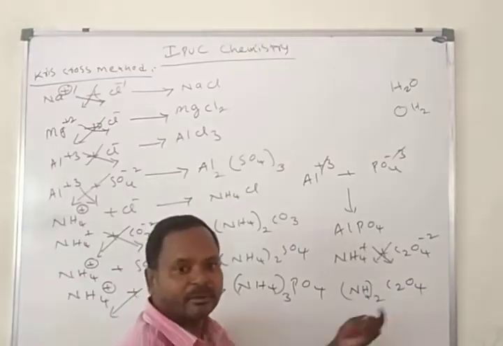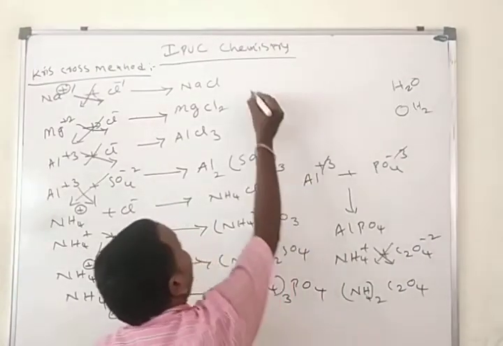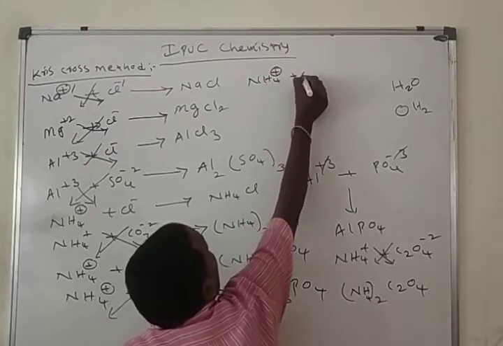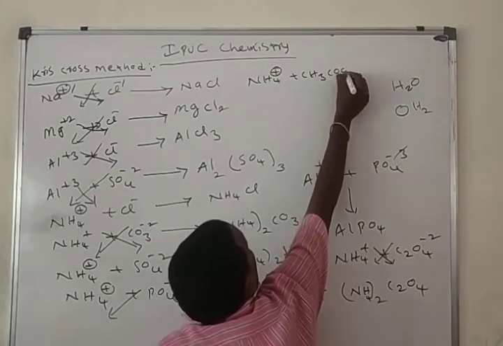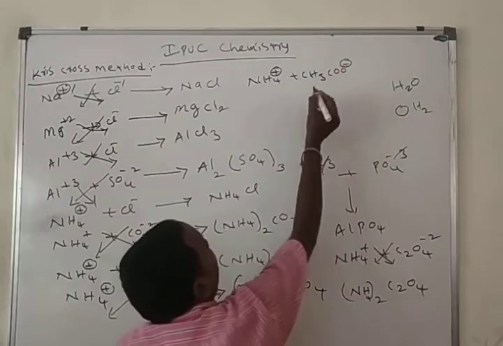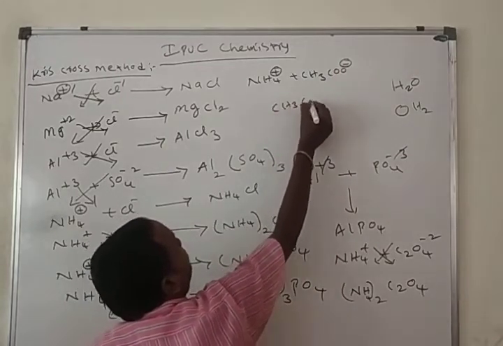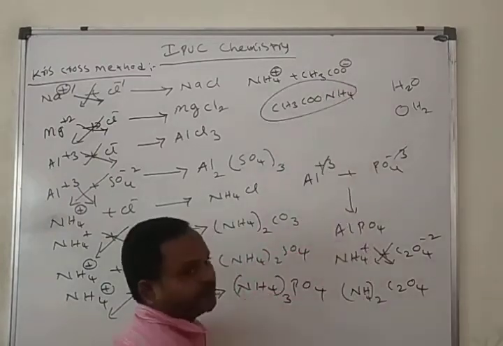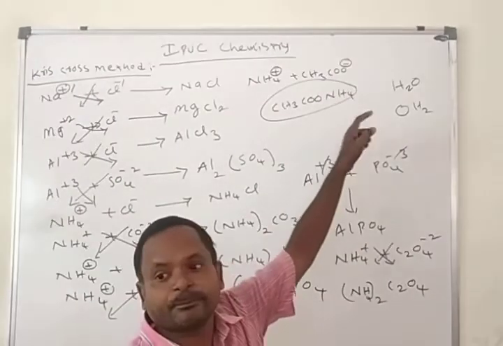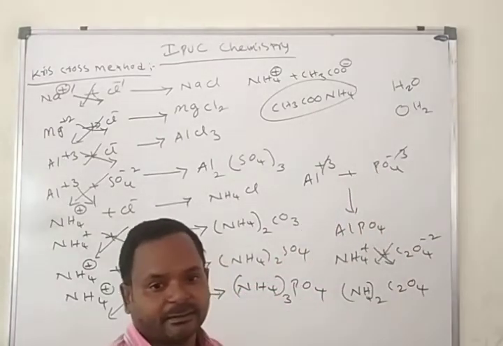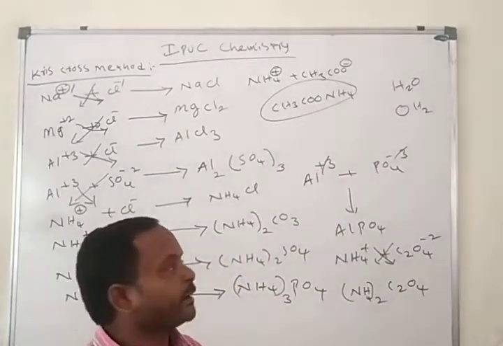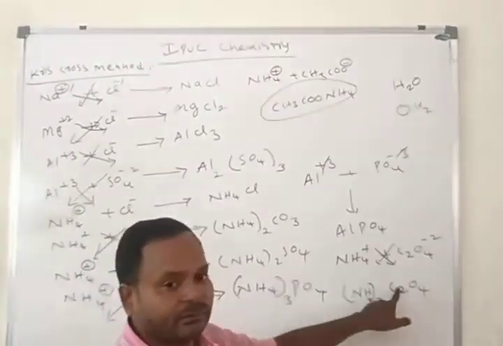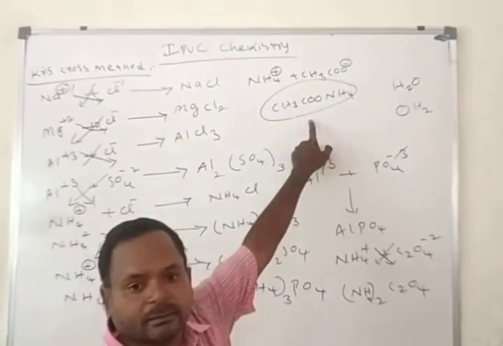Ammonium oxalate, aluminium oxalate, ammonium acetate, NH4 plus, CH3COO minus. Okay, we write here CH3COONH4. This is the one exception in this. In this, we write NH4 plus, the positive, on the right side. One exception case. Some 1 or 2 exception cases are there. In most of the cases, we write like this.